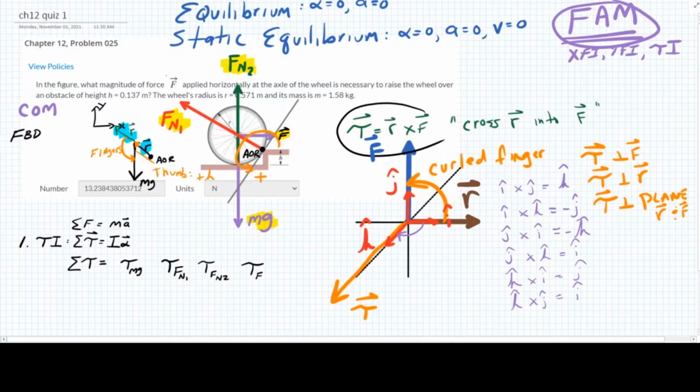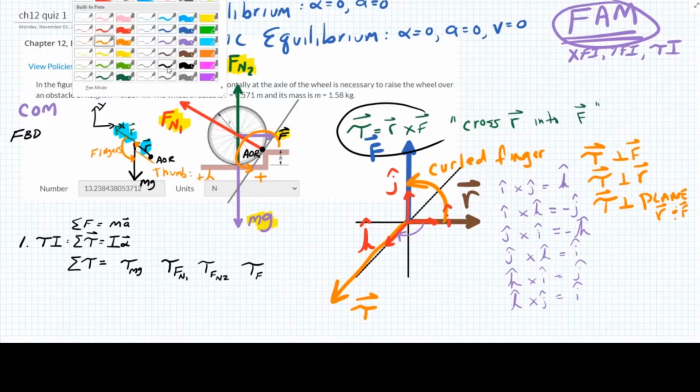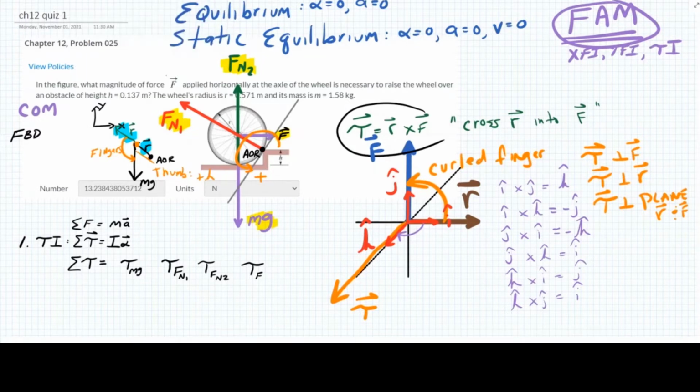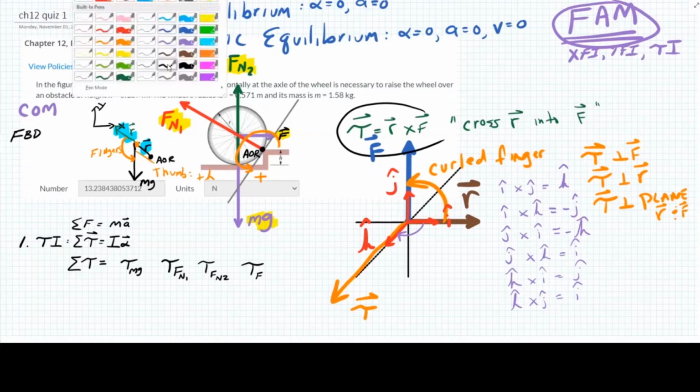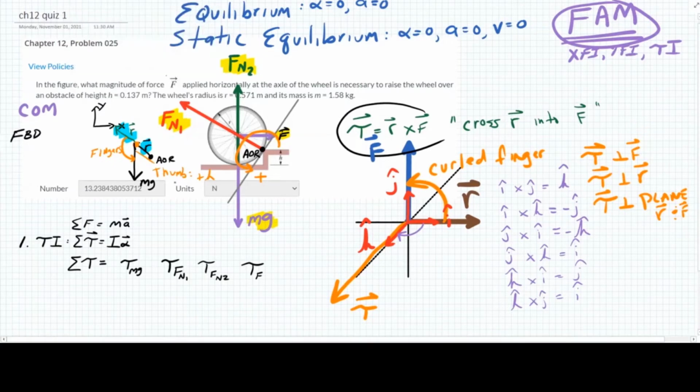All right, so that's a lot of right-hand rule, but good. It will pay dividends. You might not see it quite yet, but you will. Maybe you're seeing it now. So this MG is positive, FN1 is positive, FN2 is negative, and F is negative. Equals I alpha.